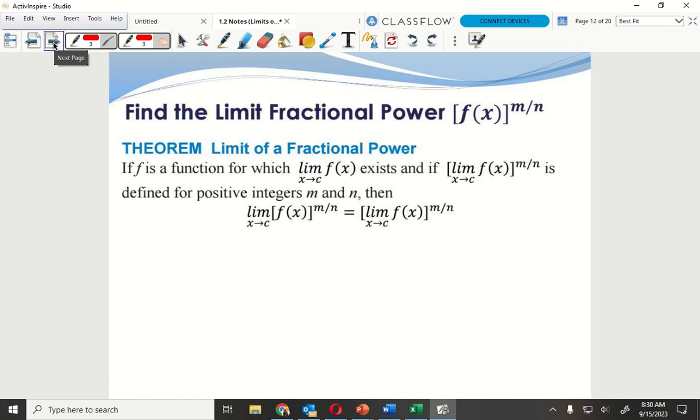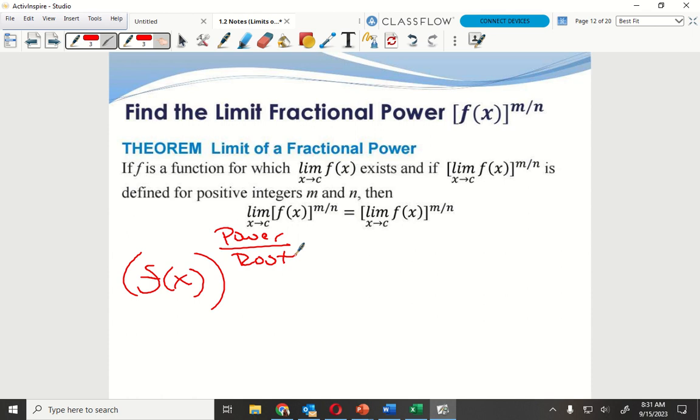Fractional powers. I think we talked about this before. Whatever my function is, it's going to be raised to power over root. So whenever you have something being raised to a fractional power, like 2/3, it's power over root.